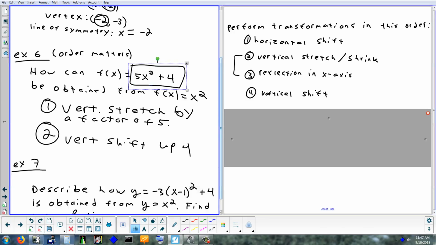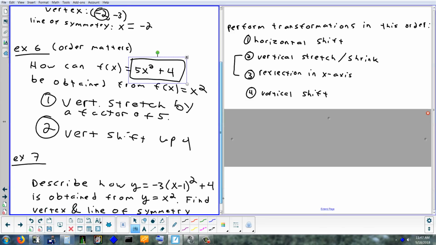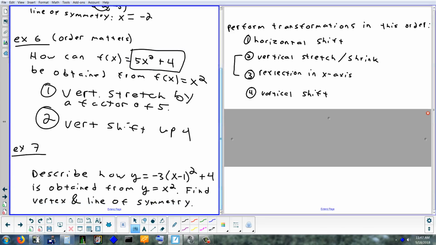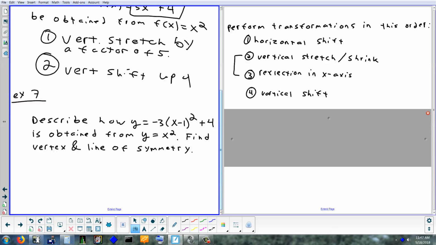Okay, let's try this one. And looking at that one, anyone think they know how many transformations are happening? 4. Yep, there's 4 things happening, so basically all of them.